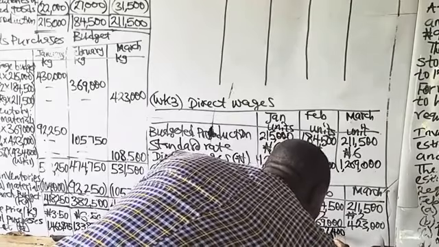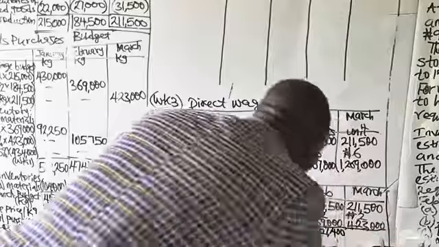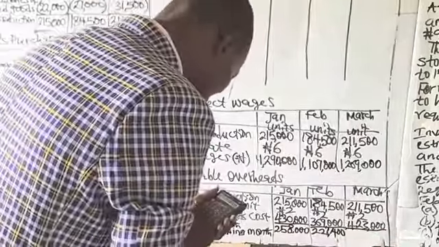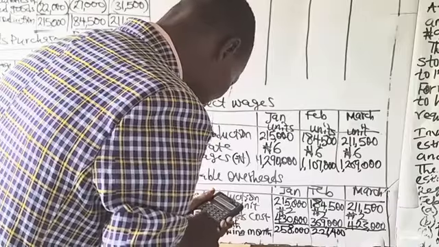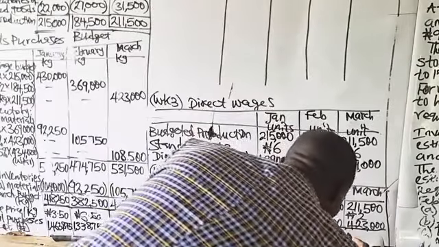And the amount incurred in the month of March is 423,000. 60% of 423,000 will be paid in the month of March, and that is 253,800.